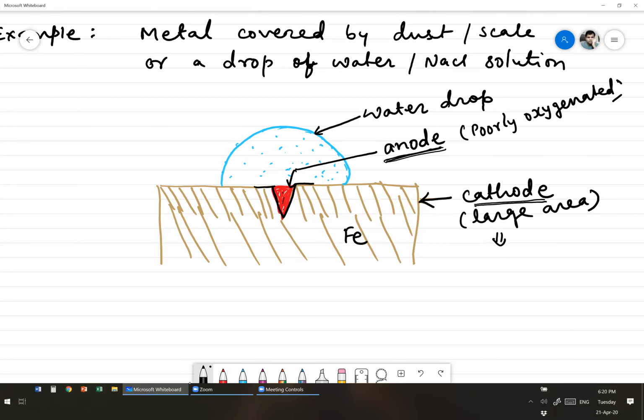So if it has higher area, then there will be high demand for the electrons, and this high demand of electrons will be satisfied if the small area of anode undergoes rapid and drastic corrosion. Because of this, more and more anodic metal is removed from the same spot, and therefore a small hole or pit is formed on the surface of the metal. This type of corrosion is called pitting corrosion.